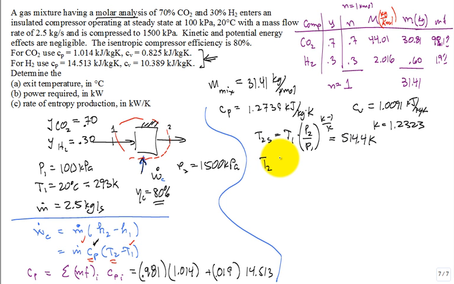T2 actual is going to be greater than T2S, answer A, equal to T2S, answer B, or less than T2S, answer C. So I'll start it right now. And it just started, okay? So you can enter your answers. The actual temperature, which is it? Is it greater than 514.4 Kelvin, equal to it, or less?